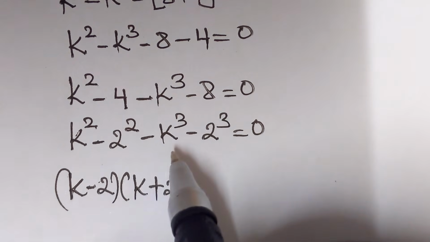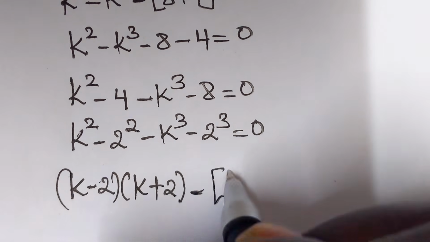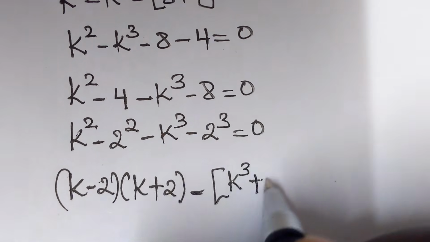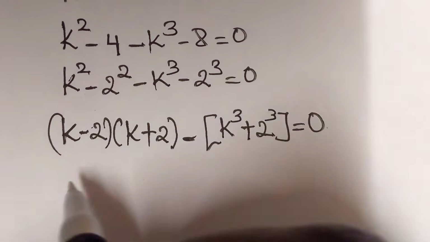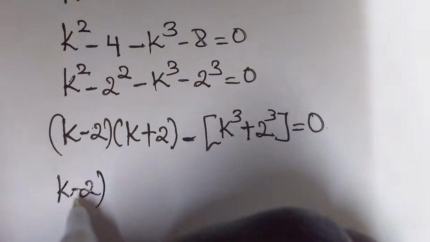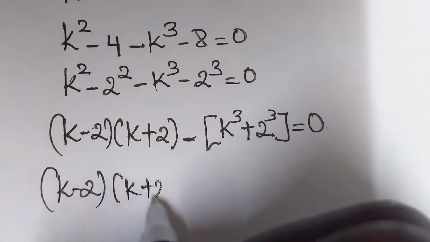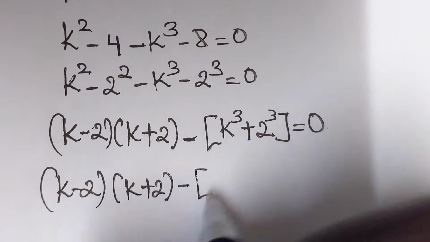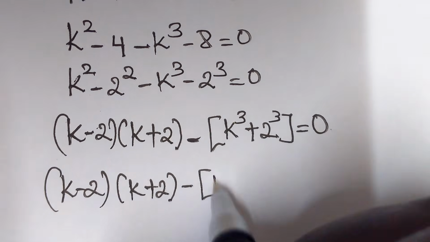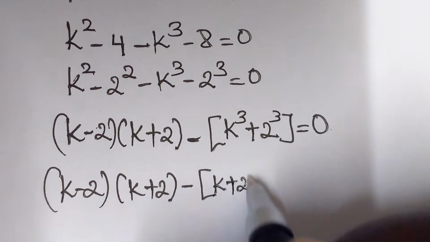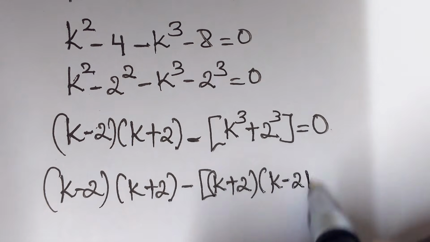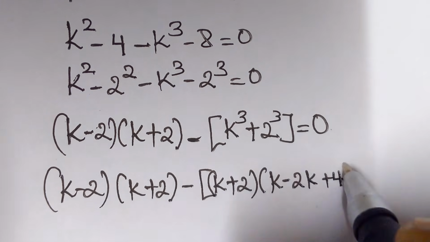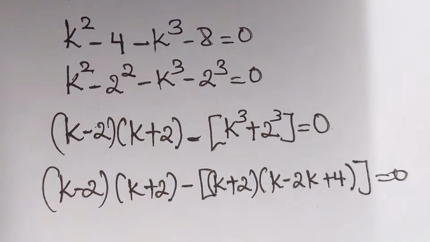Here we factorize the negative to get k power 3 minus 2 power 3, which is k minus 2 times k squared plus 2k plus 4, equal to 0.